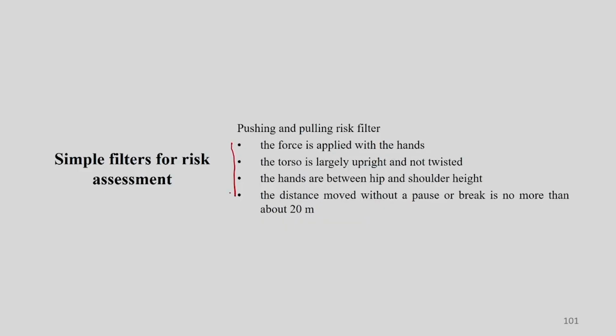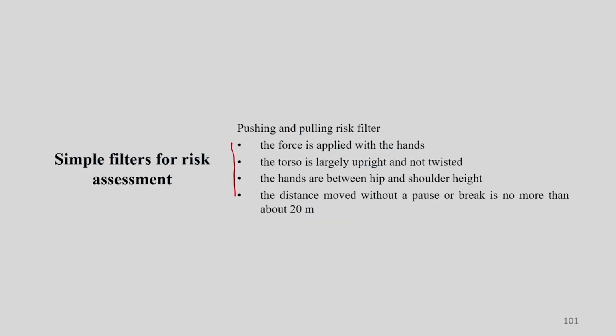If you cannot meet these four filters, if any one of them is present, definitely the person is exposed to a certain amount of risk. You cannot avoid material handling, pulling, pushing; the person has to do it. However, you must ensure that while doing the pulling and pushing, the person is not exposed to any such risk.